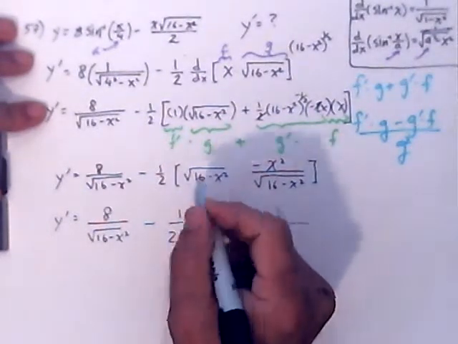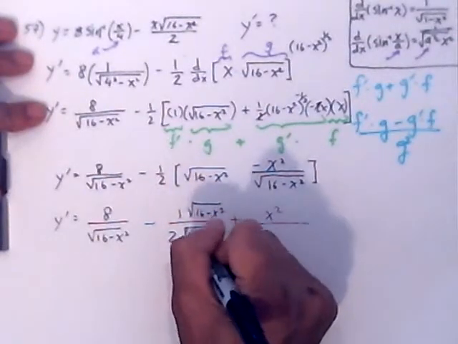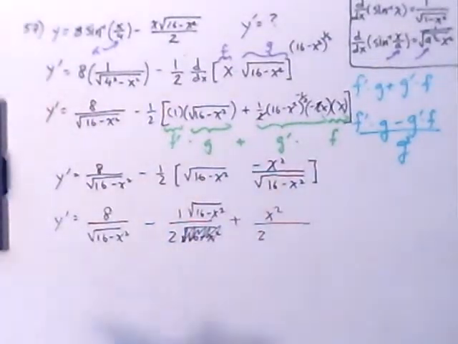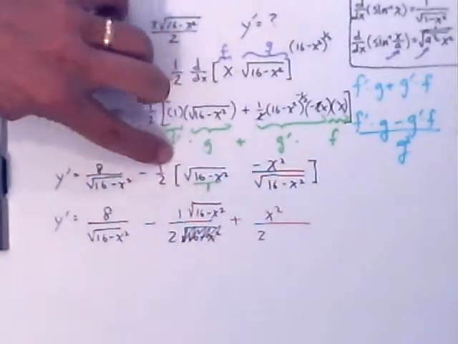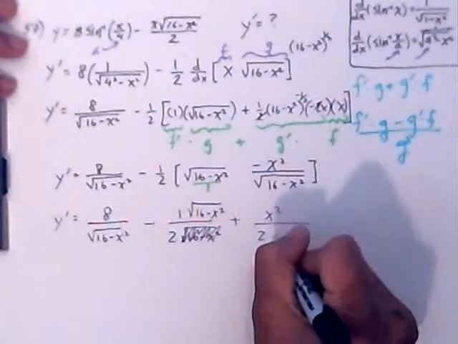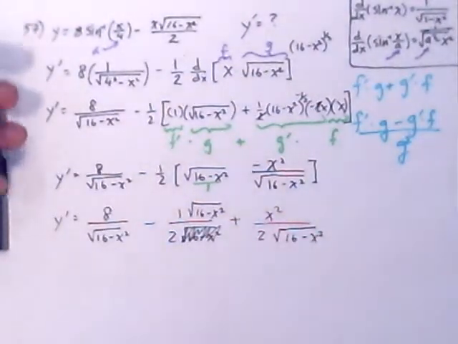Sorry, this was in the numerator: square root of 16 minus x squared. Yeah, I had something off, because this is the same thing as over 1. Right, so this goes to the numerator instead of the denominator. And then x squared times 2 square root of 16 minus x squared.